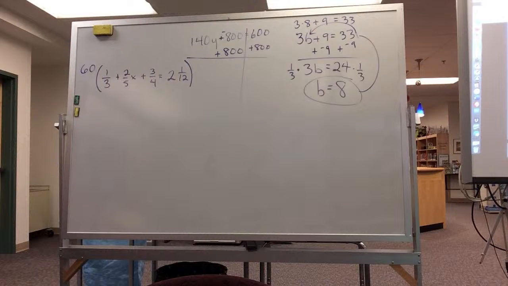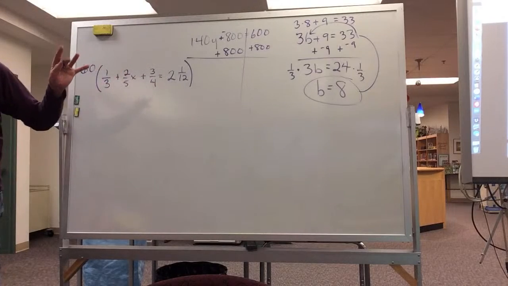When I do this, I'm going to multiply everything in the parentheses by 60. You may think that's a lot of work, but watch. This is the distributive property, except you're doing it on both sides of the equal sign.